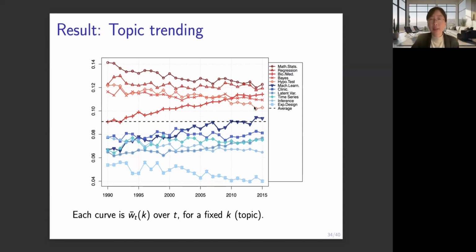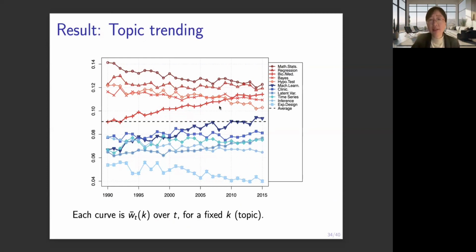Since these entries sum up to 1, the average is 1/11. So the topics above this dashed line are the relatively more popular topics, and these are slightly less popular topics. And since these entries sum up to 1, if we have an increasing trend, it must be compensated by some decreasing trend of some other topics.